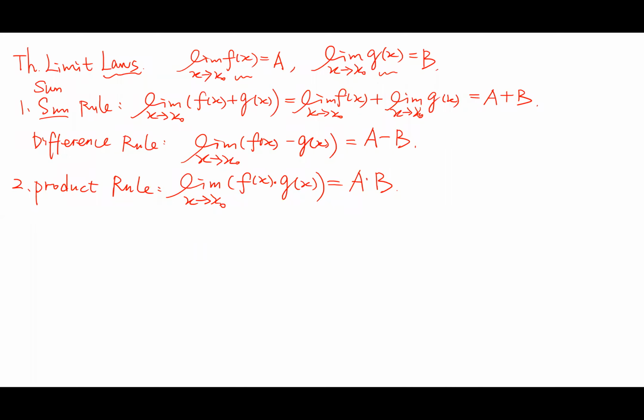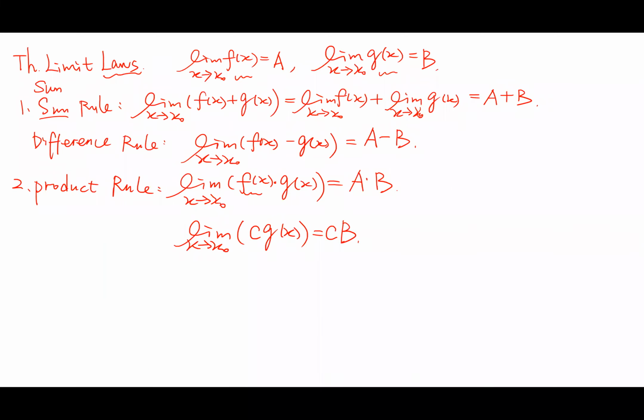And here is a special kind. As x approaches x0, if the first function is a constant function, I use c to mean a constant, so that must be c times b.